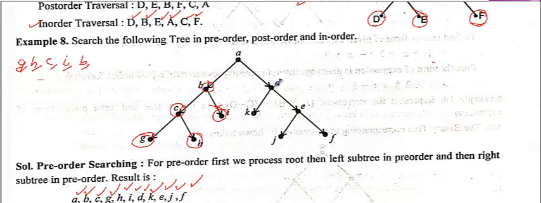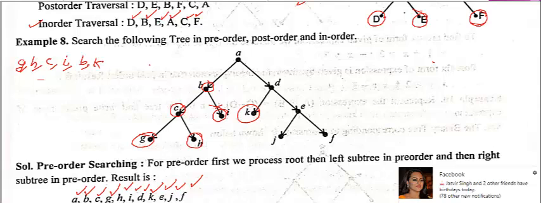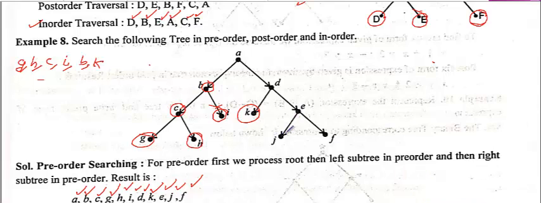But when you move to the right, this is the root of something, first you will visit the left, K. Now when you move to the right, the right is another root, so you will visit the J first. Okay, then you have F, then E, then D, then E. So this is the process of post order.